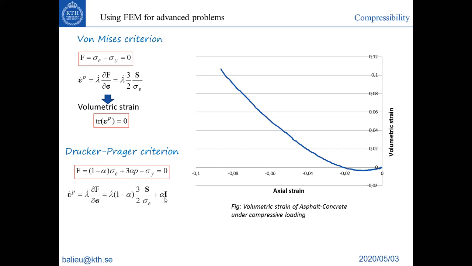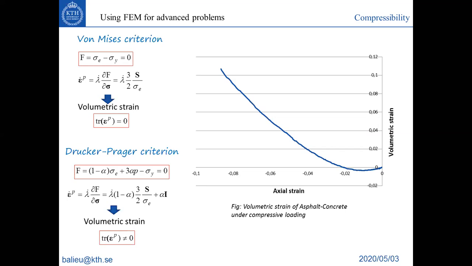So now, if you take the trace of your plastic strain, you will get something which is not equal to 0. That means the volumetric strain due to the plasticity is not equal to 0, so you will have a change in volume due to the plastic phenomenon.